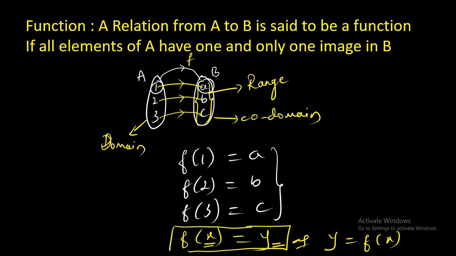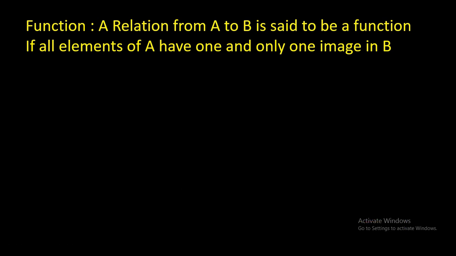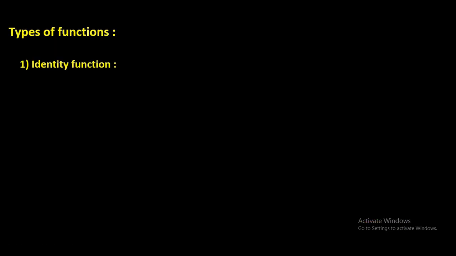Hope you understood the definition of function, the domain, codomain, range, as well as pre-images and image, and general representation of a function as y equal to f of x. After understanding these points, let us directly go to the very important section, that is types of functions.